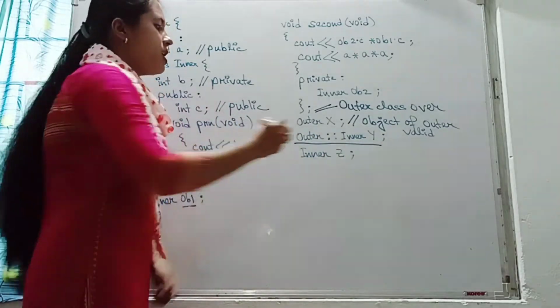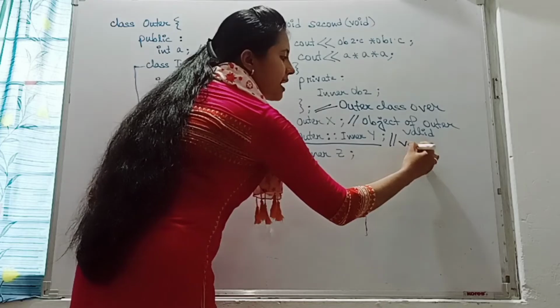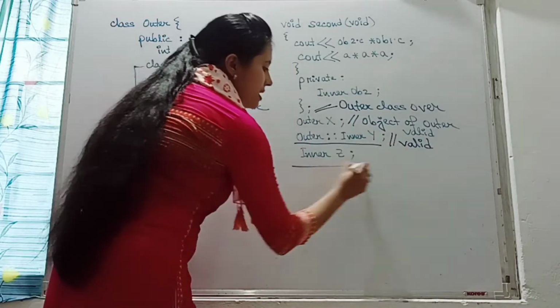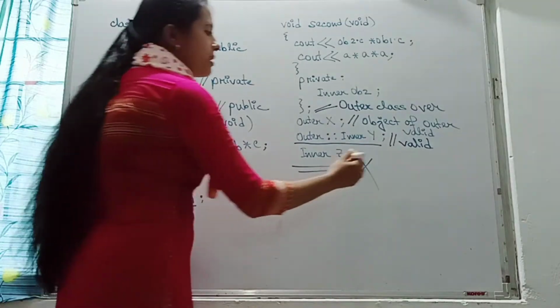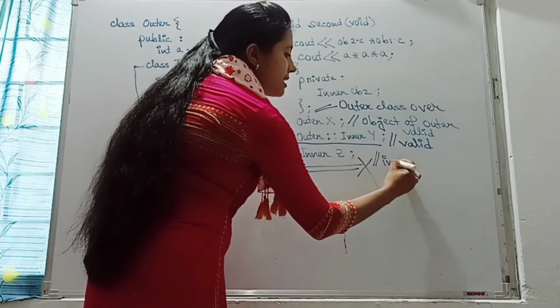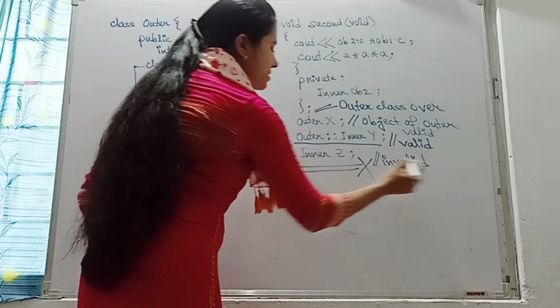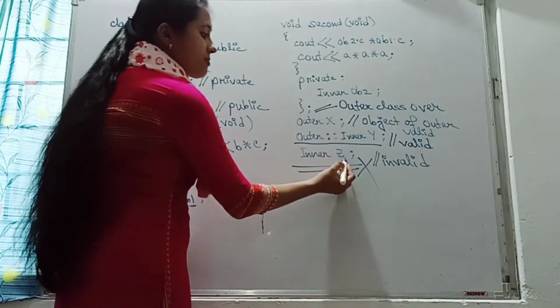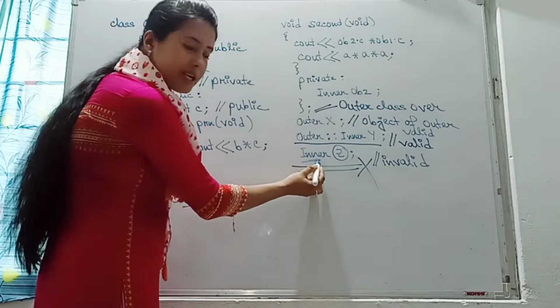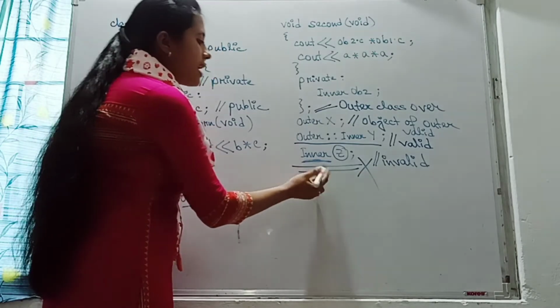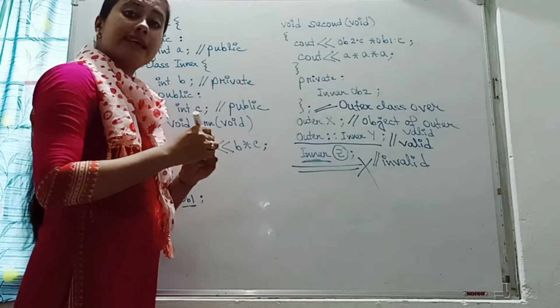the object name. So this is what? This is a valid statement. But you see the last one, this will show an error by the compiler. This will be termed as an invalid statement. Why invalid? Because this Z is the name of the object which belongs to the inner class. But we know that inner class is a nested class.